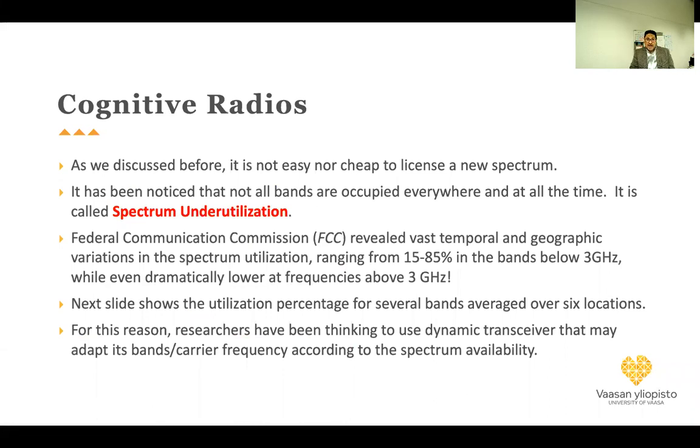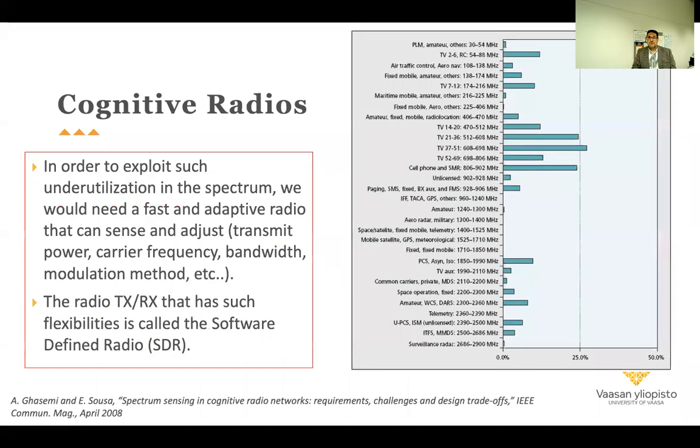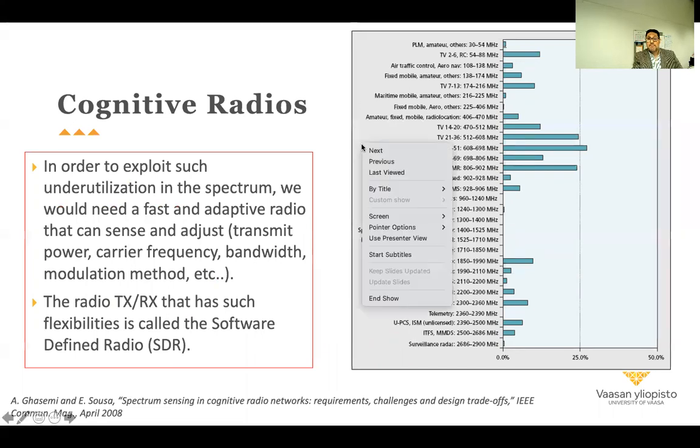So the idea came when they found that most of the spectrum less than 3 gigahertz has a lot of spectrum holes. There is what is known as spectrum underutilization. So we have underutilization for the spectrum less than 3 gigahertz, as you can see, for example, in this figure.